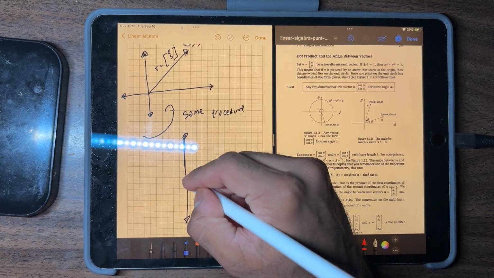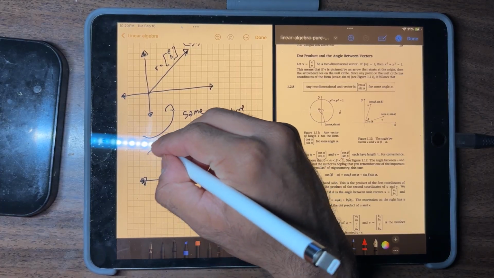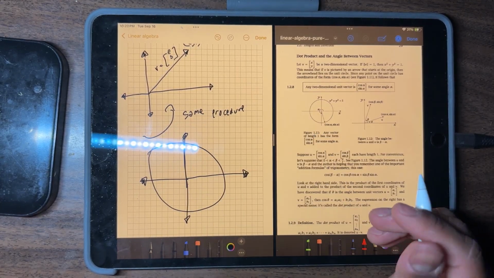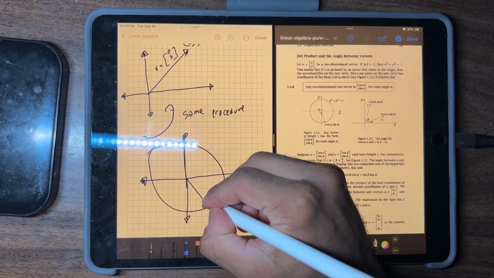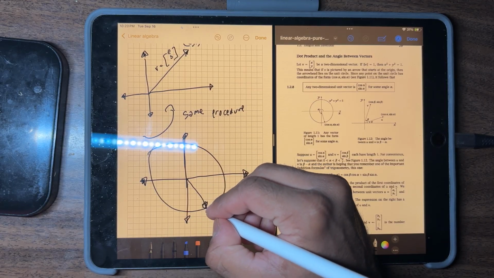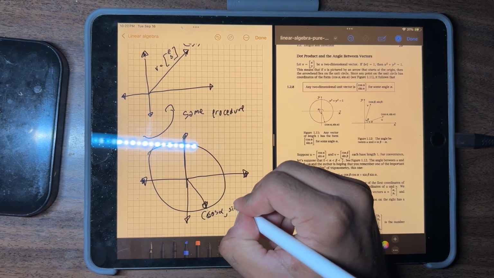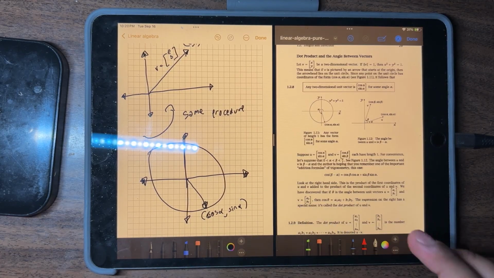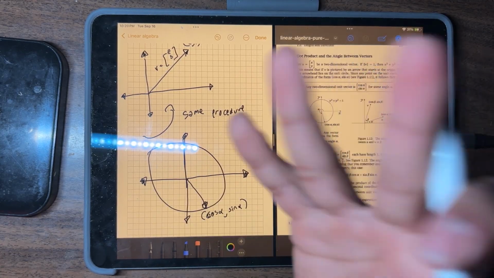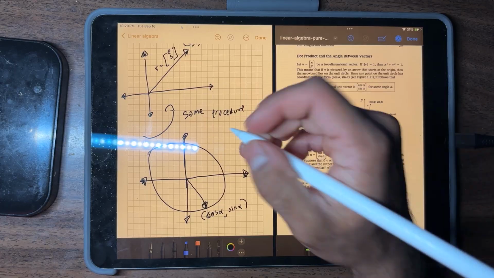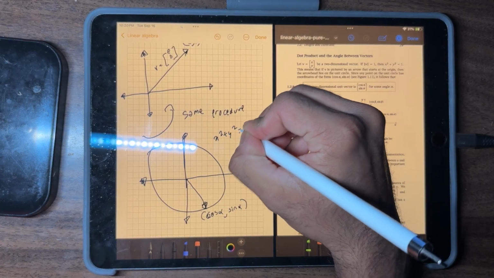if I draw the same thing again, draw a circle here, maybe for example this coordinate here will be cosine alpha, sine alpha. This will be my coordinate, and obviously you know the equation for the circle, which is x squared plus y squared is equal to 1.